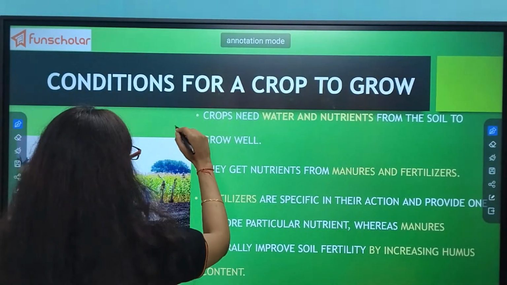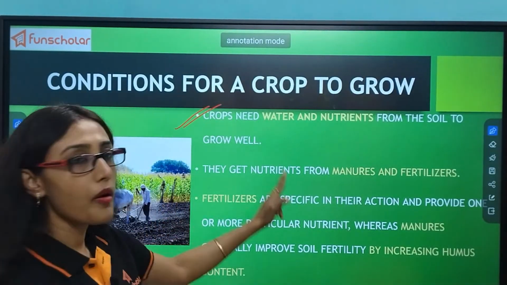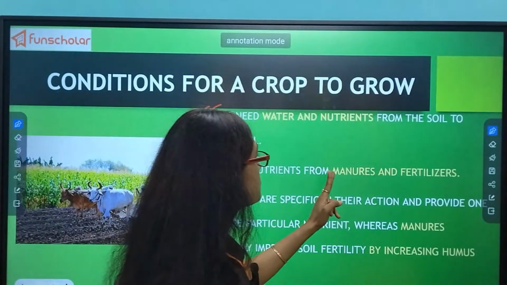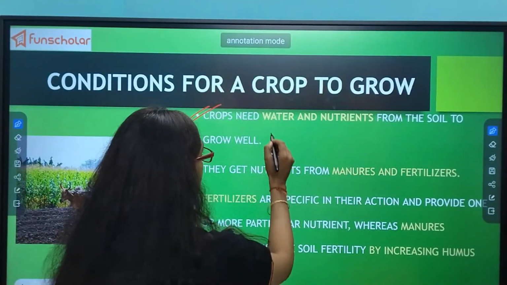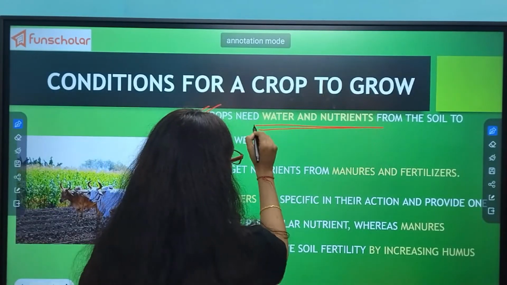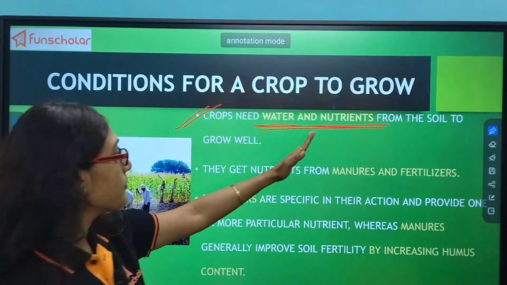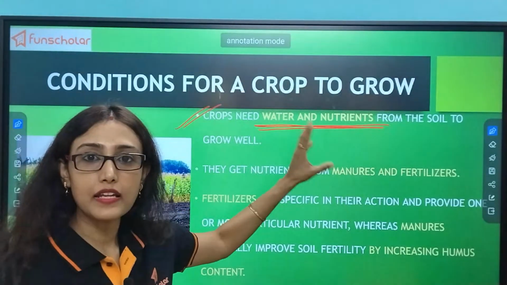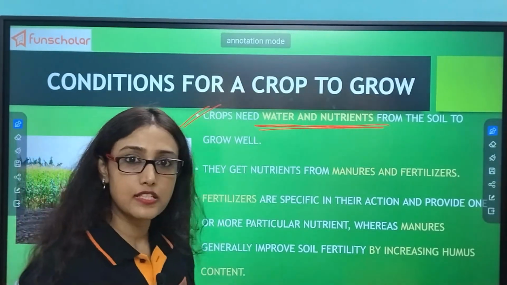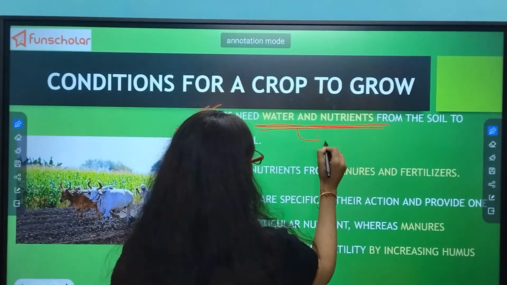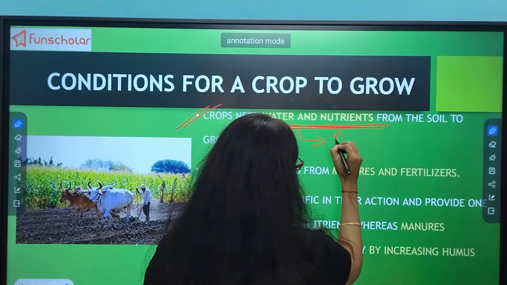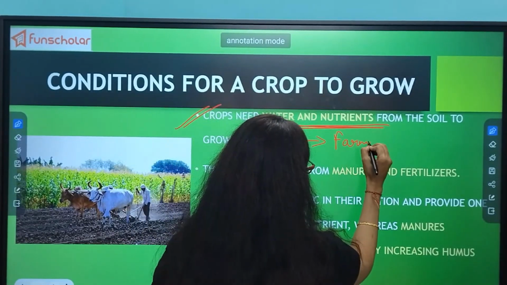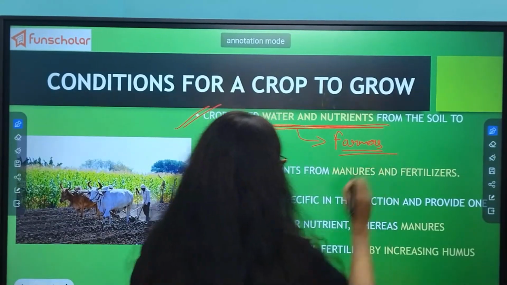First condition, just like plants, the crops need water and nutrients from the soil to grow well. Okay? And water and nutrients are provided by whom? Not only nature? No. Here they are provided by the farmers. Okay?